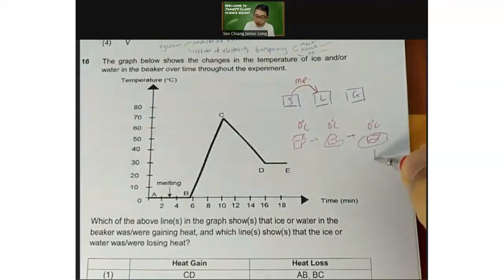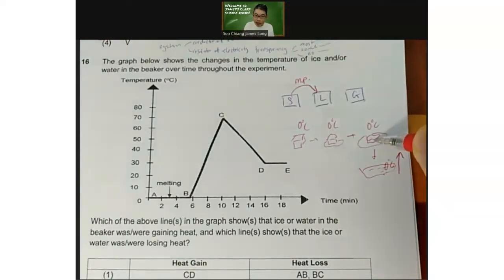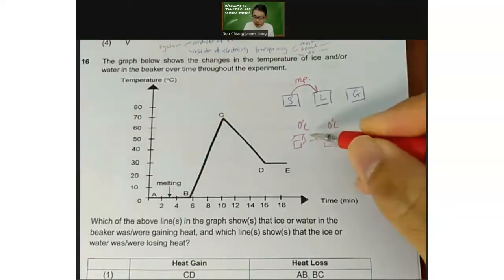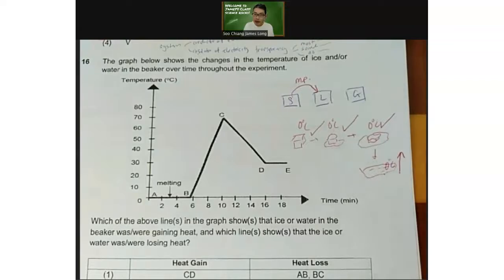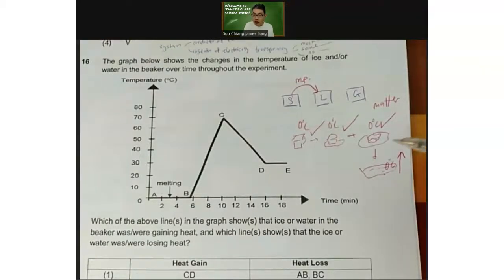Only when it has fully melted, now it's only left a puddle of ice water at 0 degrees Celsius, only at this point will the temperature start to rise. Before that, whatever heat you supply is meant only to help you melt the ice. Whatever heat supplied at this stage is not meant to increase the temperature of the matter, it's just to help the ice to melt.